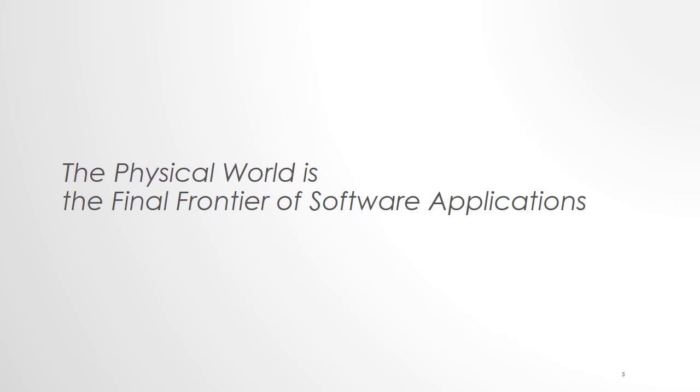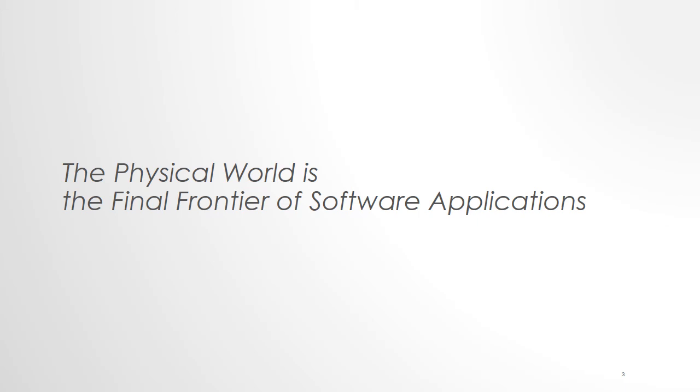The physical world, our world, is the final frontier of software applications. Traditionally, software applications rely on humans to gather information and interact with the physical world. However, feeding information into computers and following their calculated course of action are monotonous, which are more suitable for machines.